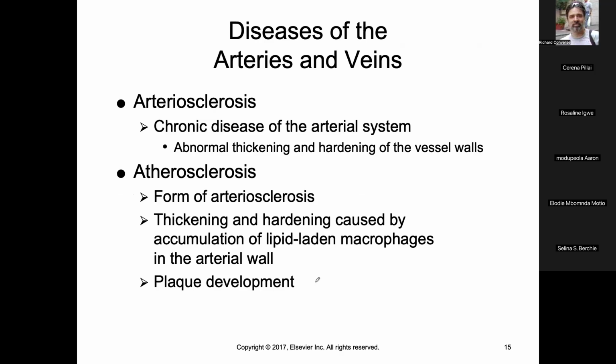Arteriosclerosis is a chronic disease of the arterial system, resulting in an abnormal thickening and hardening of the vessel walls, while atherosclerosis is a thickening and hardening caused by the accumulation of lipid-laden macrophages in the arterial wall that generate plaque.